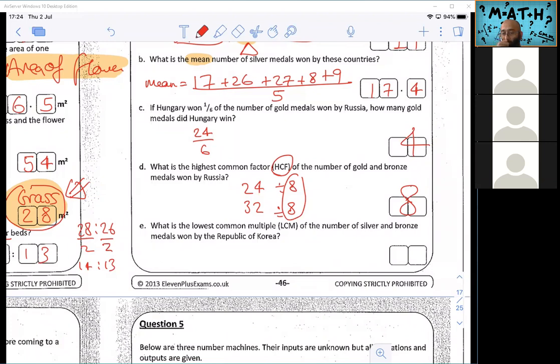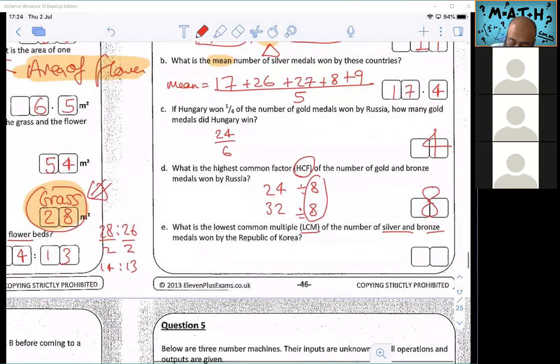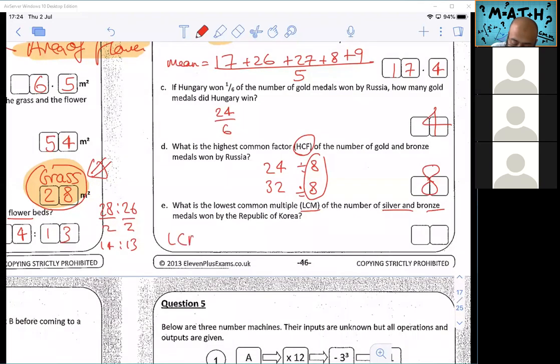What is the lowest common multiple of the number of silver and bronze medals won by the Republic of Korea? So that's the lowest common multiple of the silver and the bronze ones. So let's go to Korea over here. The silver is the black bar, which is 8. The bronze one is the 7 one. So they want the lowest common multiple of 8 and 7.